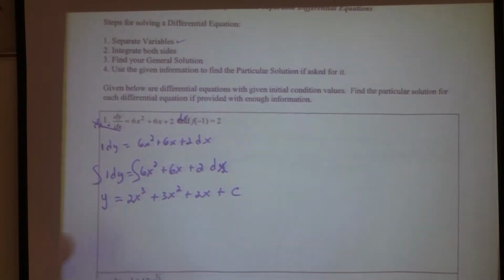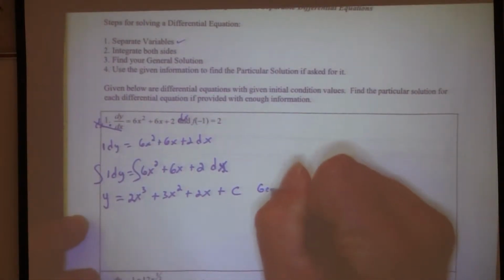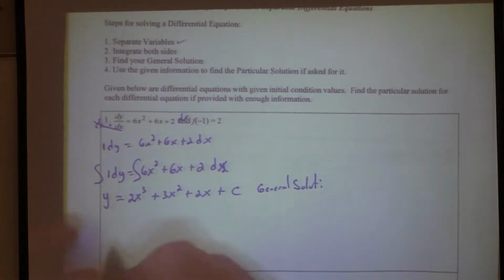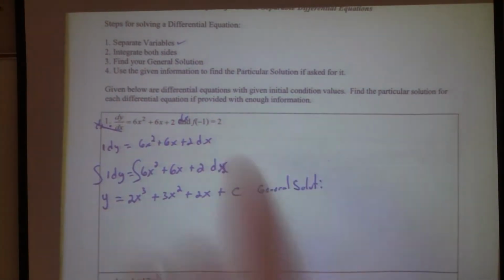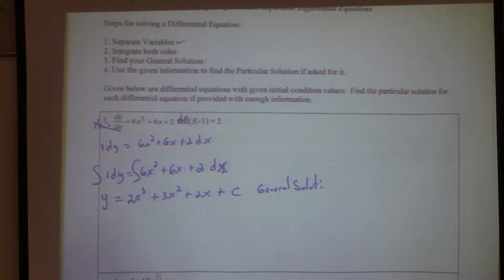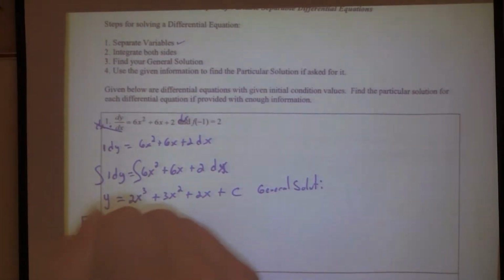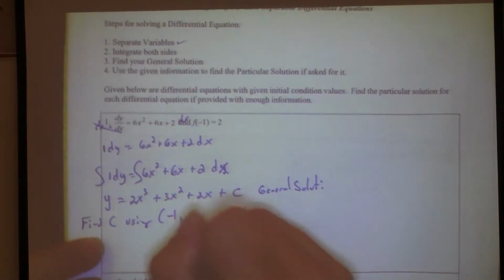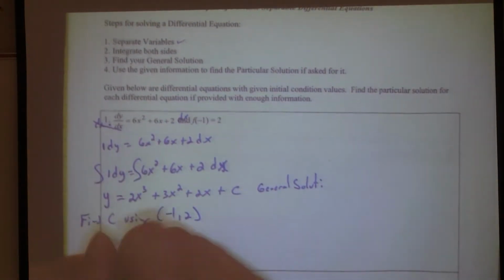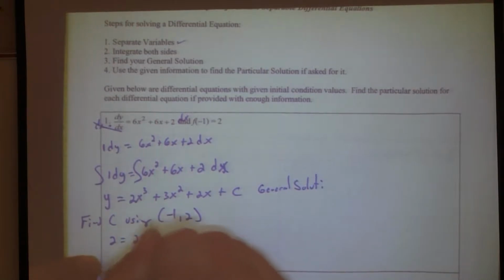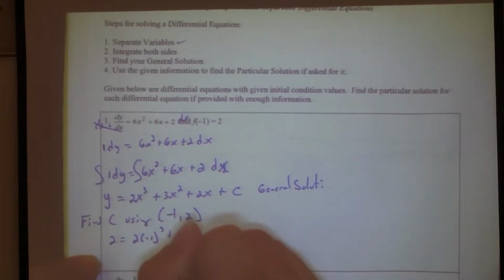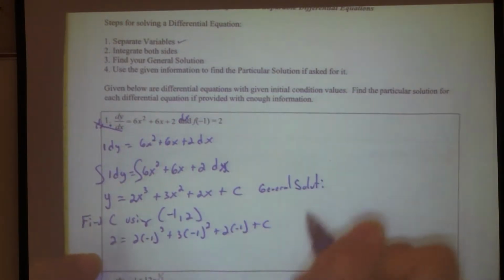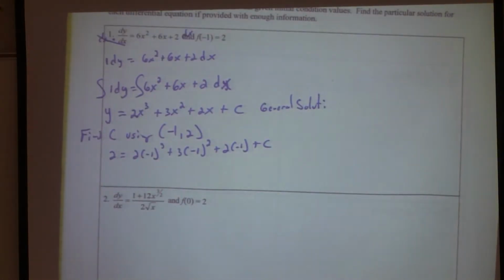Alright, so that is my what solution? General solution. Now I want the specific one. Okay? Because they gave me information for it. So what do I have to do? Find C using the given point, which is negative 1, 2. So 2 is equal to 2 times negative 1 cubed plus 3 times negative 1 squared plus 2 times negative 1 plus C. What are we going to get when I do that?